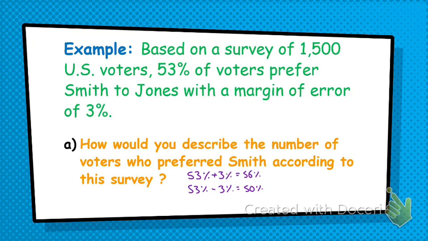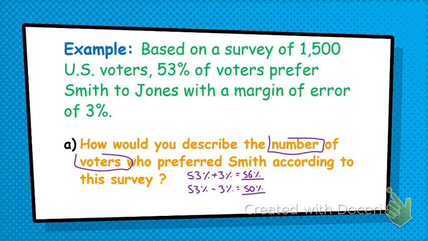Since I'm asking for the number of voters who prefer Smith according to this survey, I'm not asking for percent. I need to find 56% of 1,500 and 50% of 1,500, and that's going to give me my range of voters that prefer Smith to Jones.